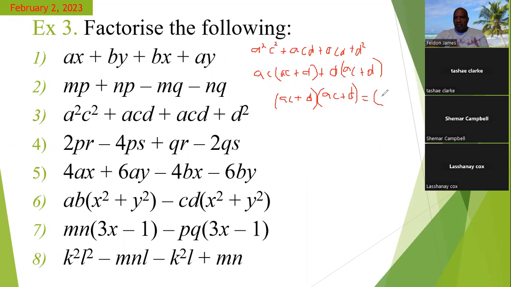So we could write it as a square. So we can write it AC plus D, bracket all squared. All right, let me see the answer, those who got that one.